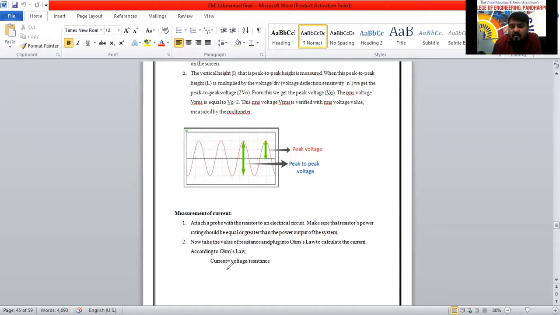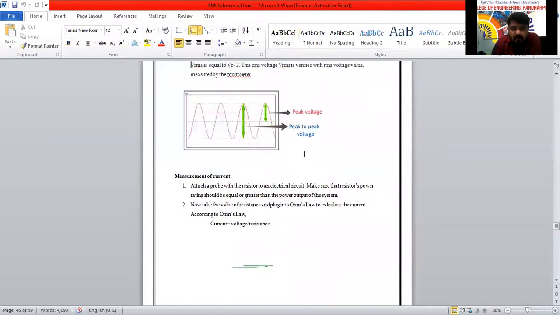According to Ohm's law, current I equal to V by R. So by dividing by the resistance value, we are going to get the current value.